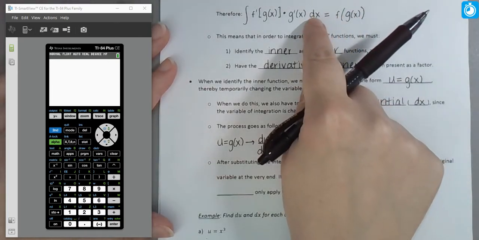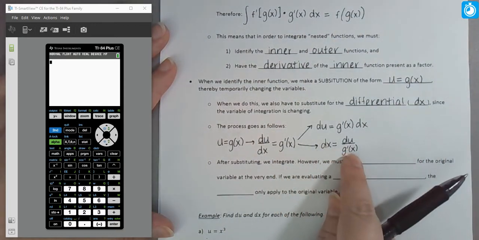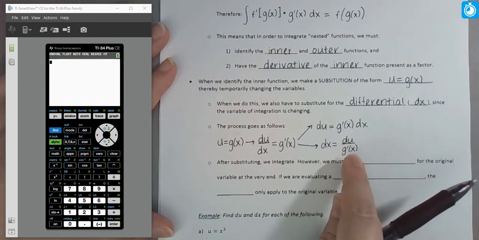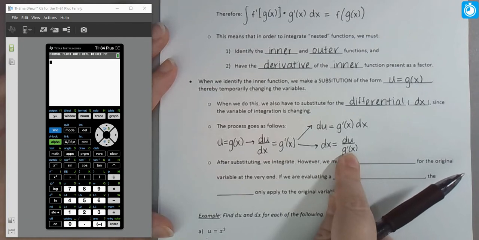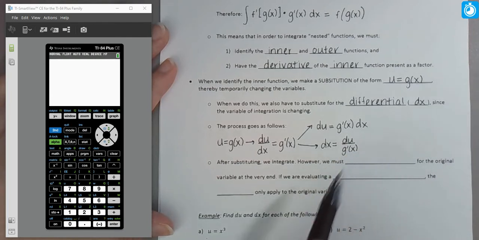Where we see dx in our antiderivative problem, we're going to substitute with the expression involving du and the derivative of g with respect to x, g prime of x. And special things are going to happen when we sub in g prime of x. A couple things in the formula are going to eliminate, and essentially everything that contains the variable x will go away, and everything that remains will contain the variable u.